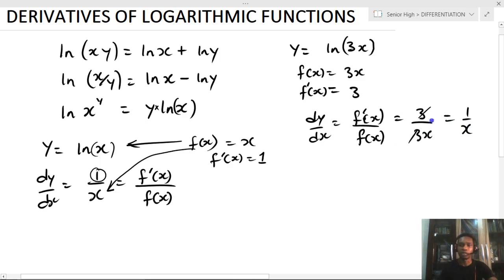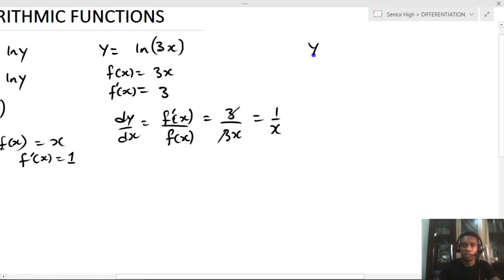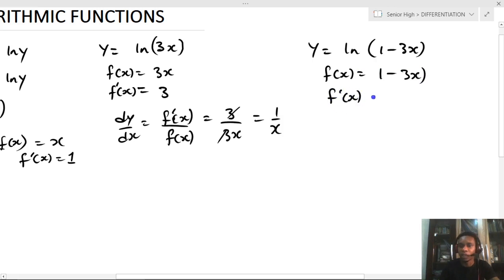Let's take one more question before we start taking more complex ones. What if we're given y is equal to ln of 1 minus 3x? Then our f of x is equal to 1 minus 3x, and our f prime of x, the derivative of f of x, will give us what?